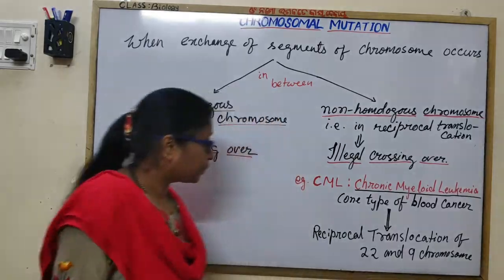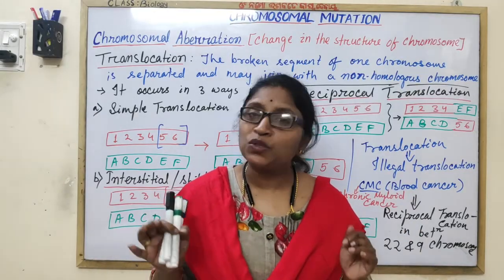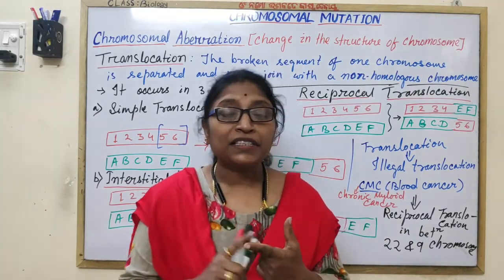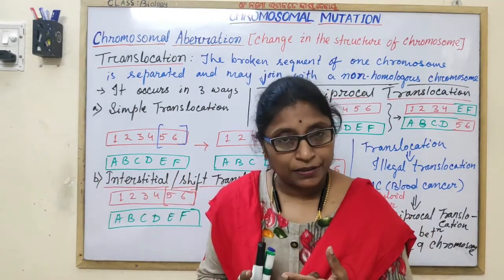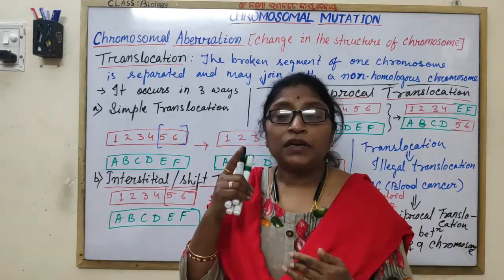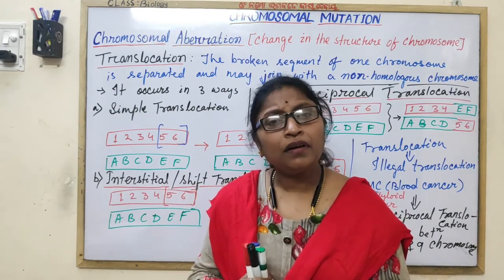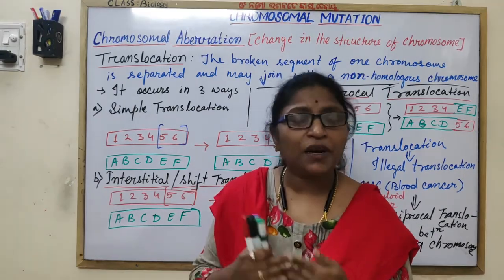Okay? Let us summarize what we discussed so far. We discussed that chromosomal mutation occurs due to a change in the number or structure of chromosomes.